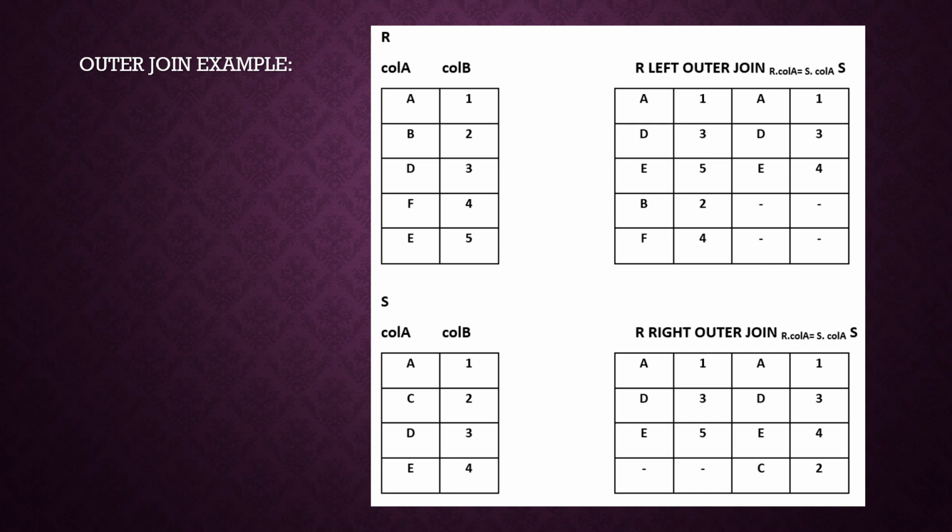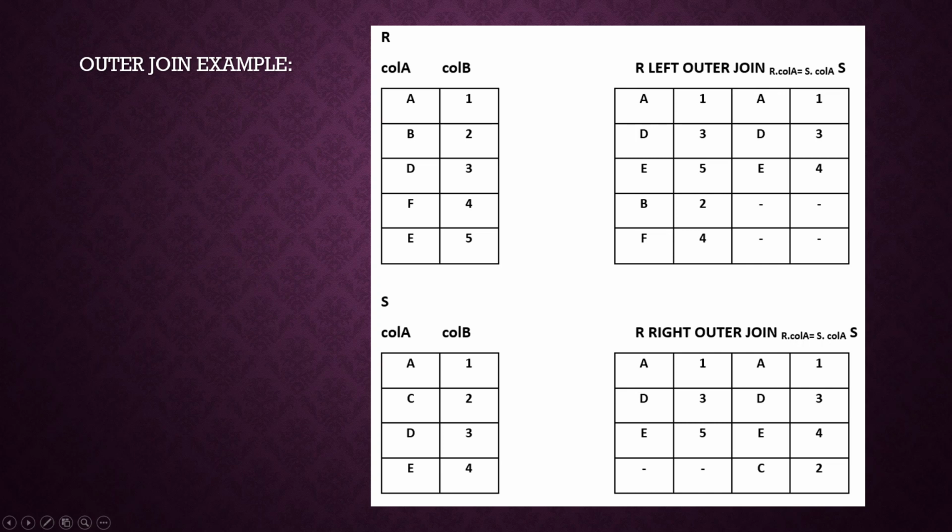Left outer join means we keep all the elements of R, and on the other side we keep the common elements of R and S. The common tuples in relations R and S will be displayed on the right side.